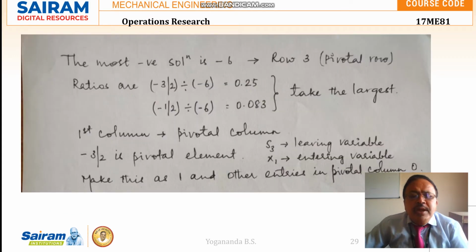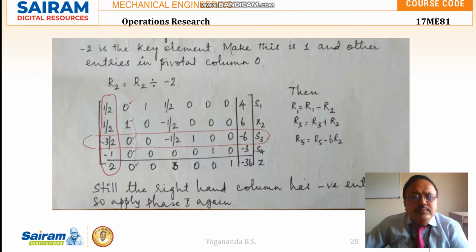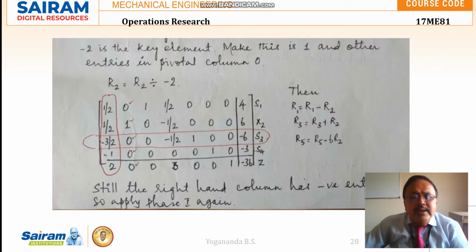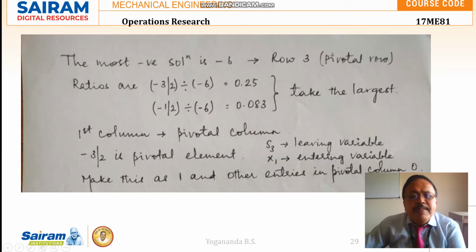Now in the pivotal row we have 2 negative entries, minus 3 by 2 and minus 1 by 2. Divide these two negative entries by the solution entry, minus 6. So minus 3 by 2 and minus 1 by 2 divided by minus 6 give 0.25 and 0.083.